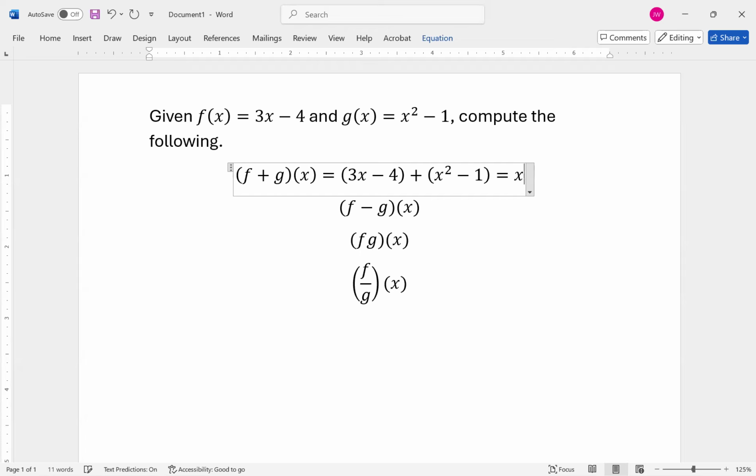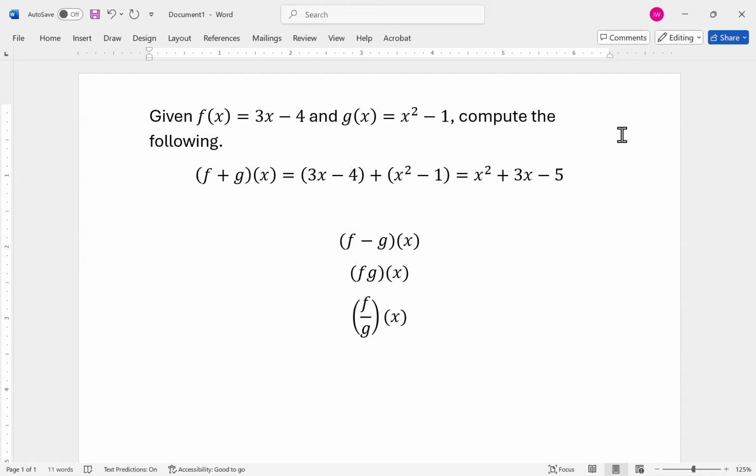X squared is the term of highest degree. Then 3x is next. Minus 4 and minus 1 would combine to give me minus 5. So f plus g of x is a new function whose output is x squared plus 3x minus 5.